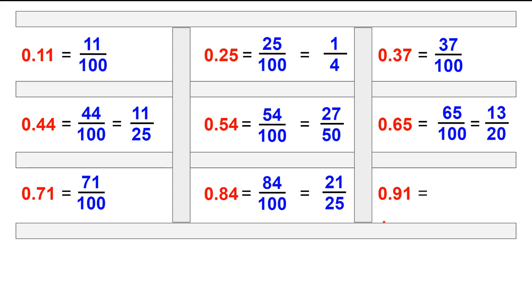And 0.91 equals 91 by 100. 91 is not a prime number. It can be divided by both 7 and 13, but 100 cannot be divided by them. So this is the most simplified fraction of 0.91.